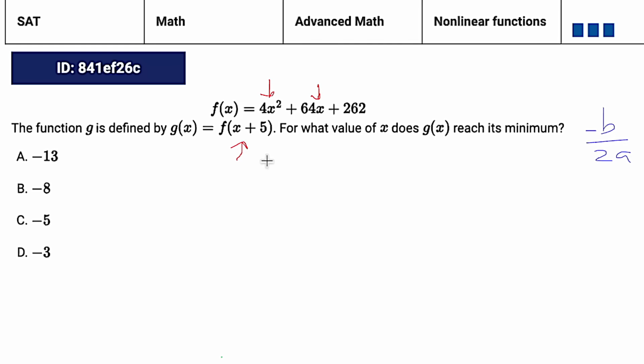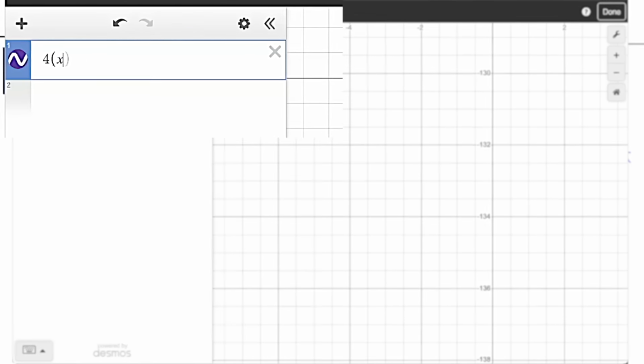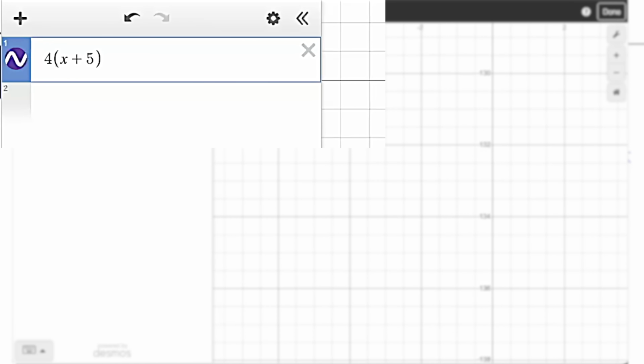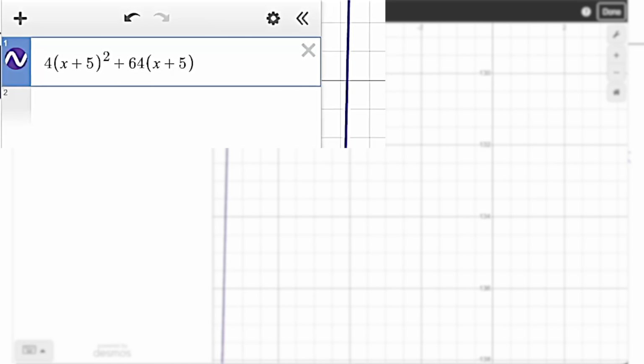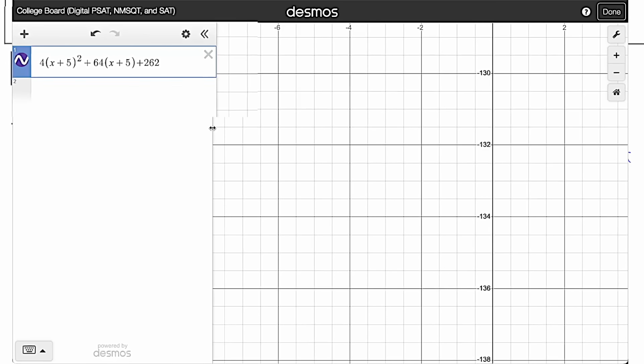And I'll show you what that looks like in Desmos. So instead of 4x squared, we're going to have 4(x plus 5) squared. And then instead of plus 64x, we're going to have plus 64(x plus 5). And then the last part of it was plus 262. That doesn't change because there's no instance of x, right? So that's what our equation looks like.